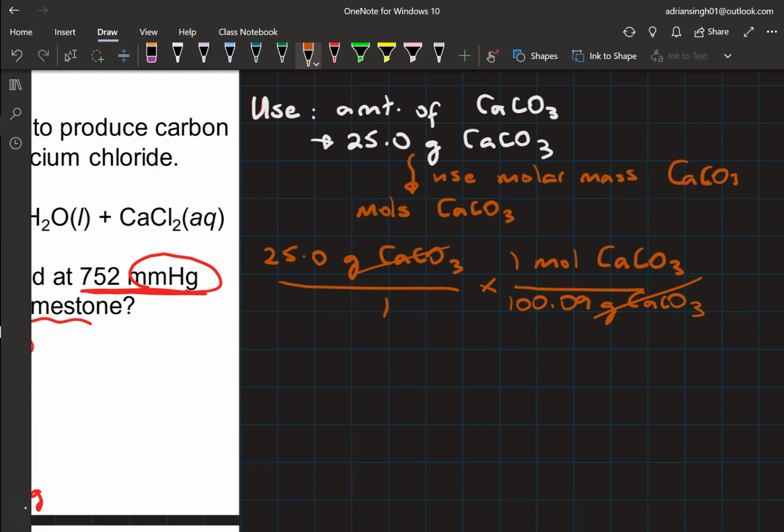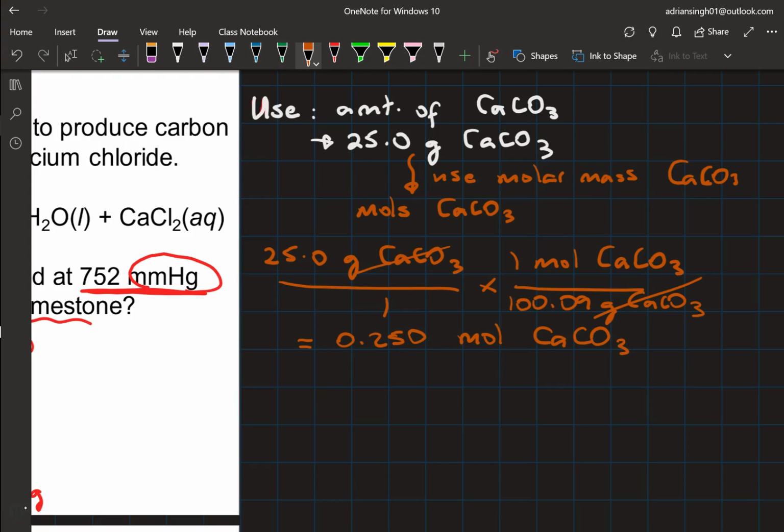So the grams go away, and we end up with moles of calcium carbonate. We divide 25 by 100.09, and that gives us 0.249. Rounding to 3 sig figs, that's 0.250 moles of CaCO3.